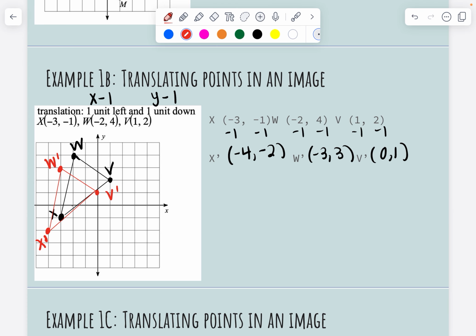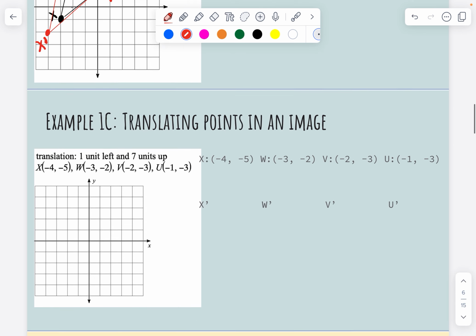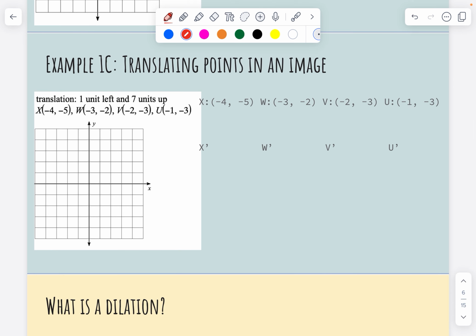So let's do another one. This one, again, left 1, so we'll take 1 from each of the x values, and up 7, so we'll add 7 to each of the y values. So each x value, we're taking 1. Each y value, we're adding 7.